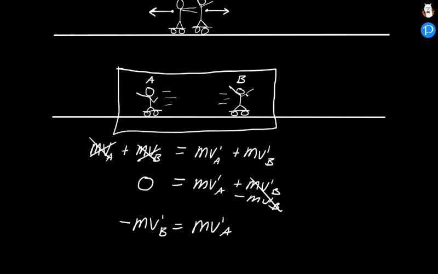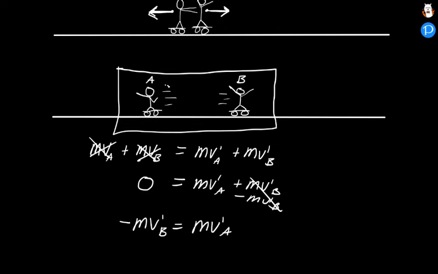Because as we set up here, they're feeling the same amount of force in each direction, so they're both going to have the same amount of momentum, just in different directions.